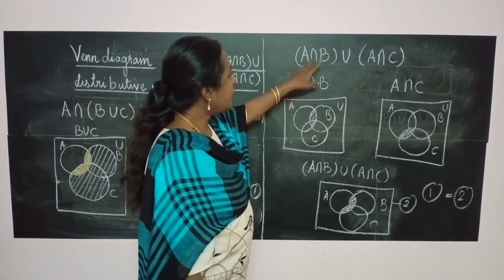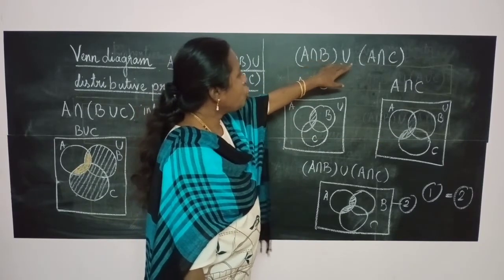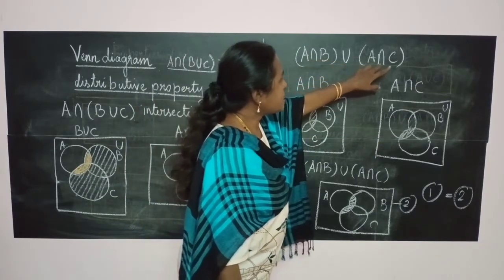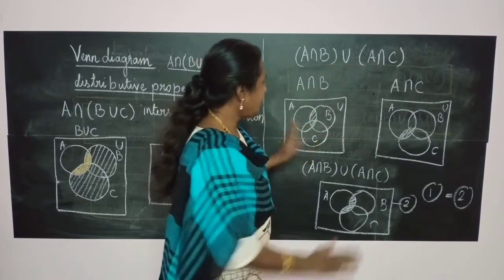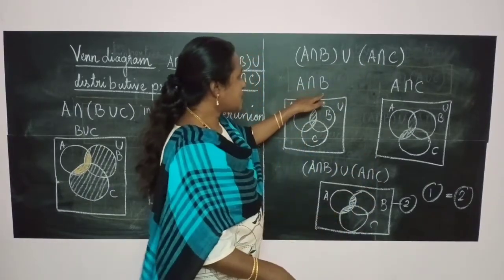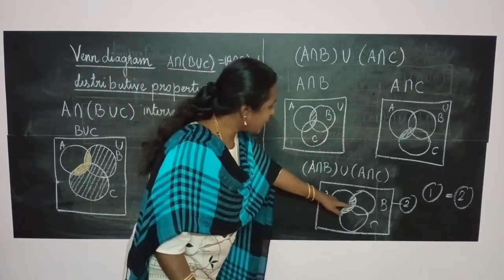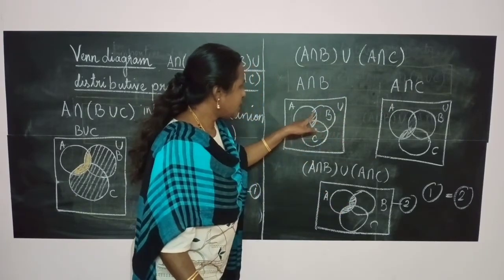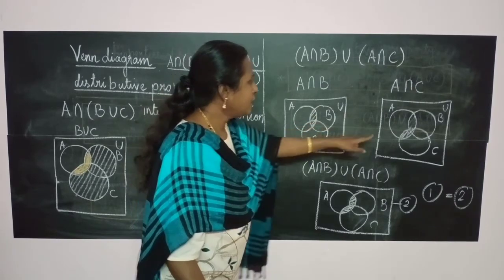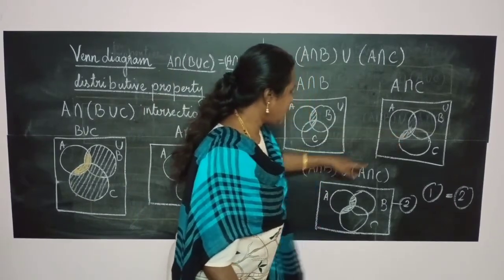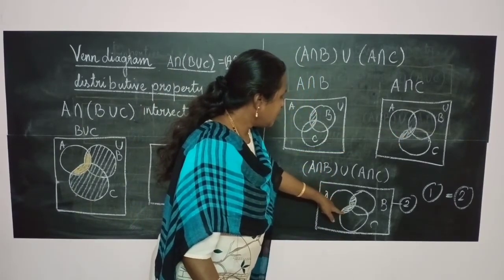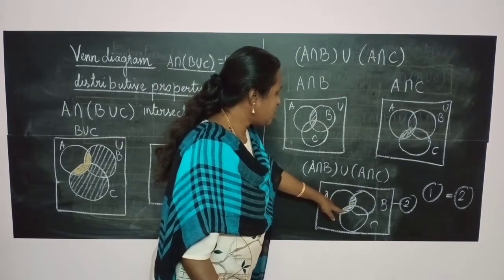Then (A intersection B) union (A intersection C): you combine these two diagrams, A intersection B and A intersection C. If you combine them, these two common regions will be shaded.